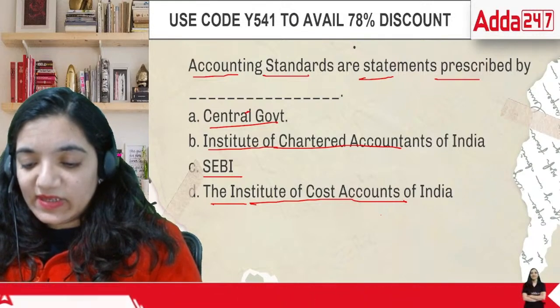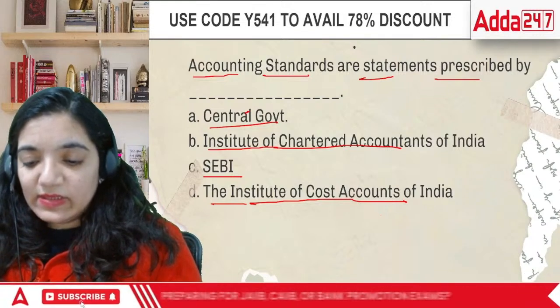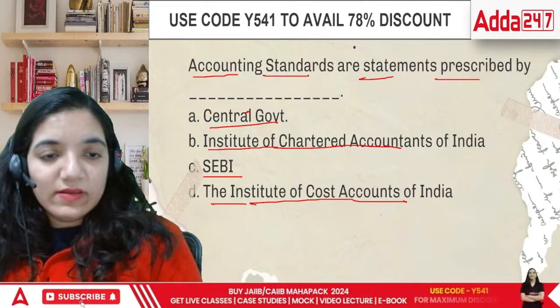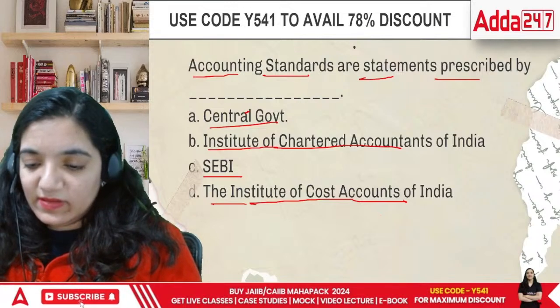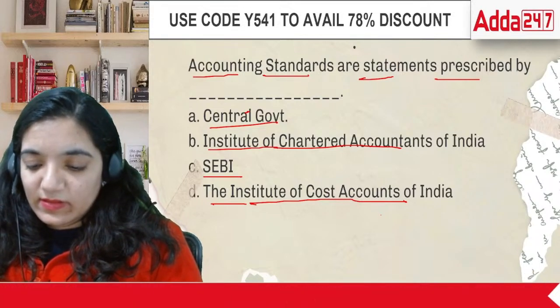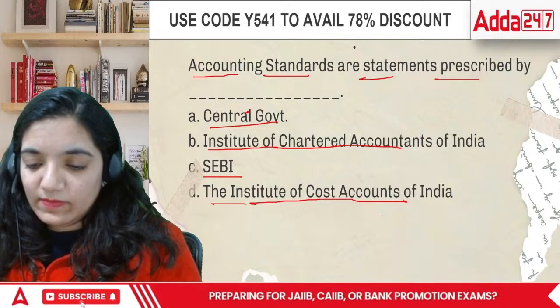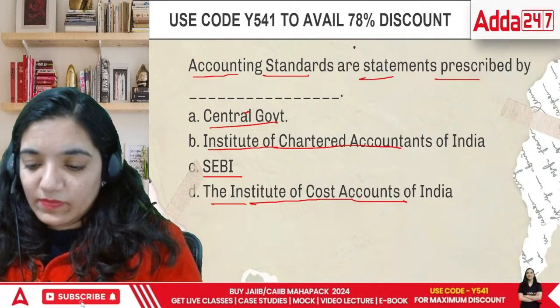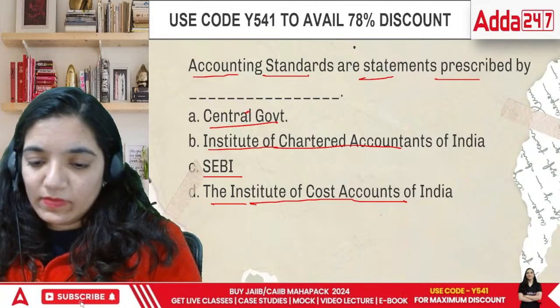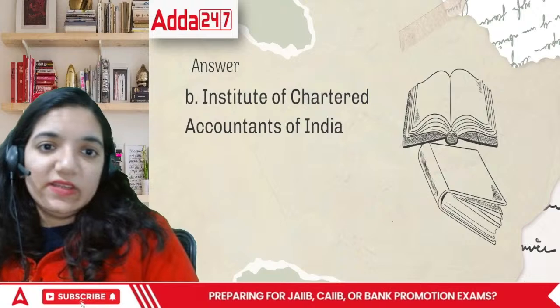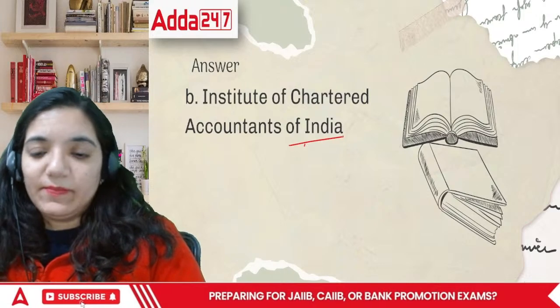So in this case, the correct answer is D. No, it's B. The answer is the Institute of Chartered Accountants of India.